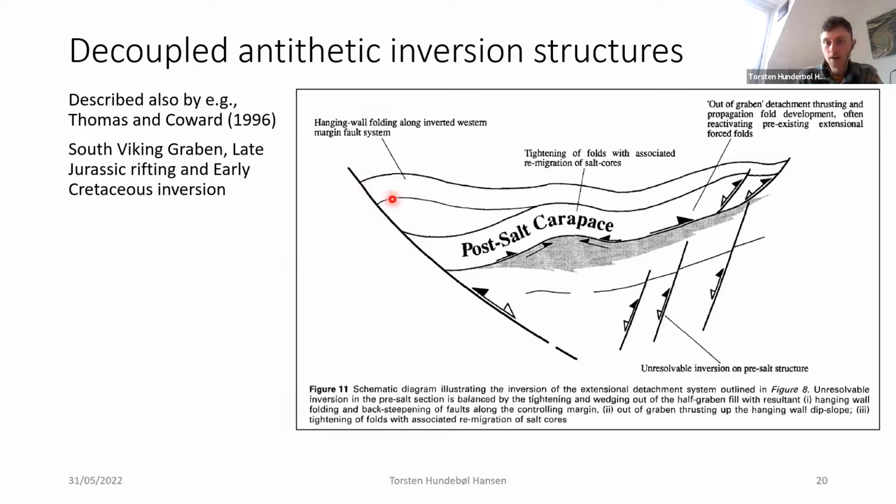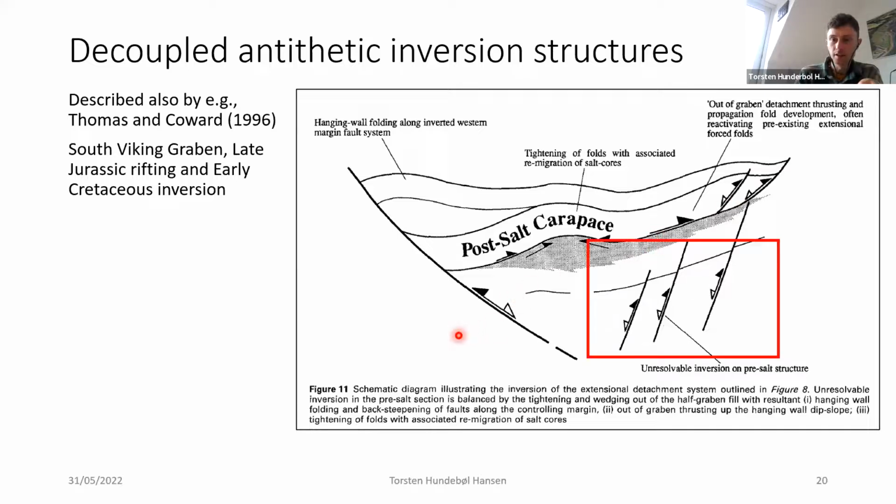We have a reverse reactivated master fault with, in its hanging wall, some Permian salt, a salt swell with a carapace and some bridging rift units here. And on the opposite side, we have these smaller faults that sole out along the fault.